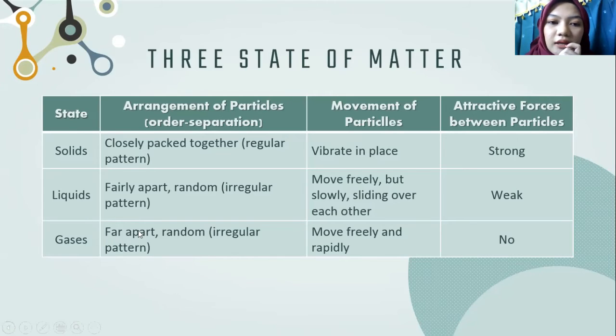The arrangement is far apart, and it's an irregular pattern or random, and the particles move really rapidly, so there's no attraction between the particles. Okay, that's all about the three states of matter.